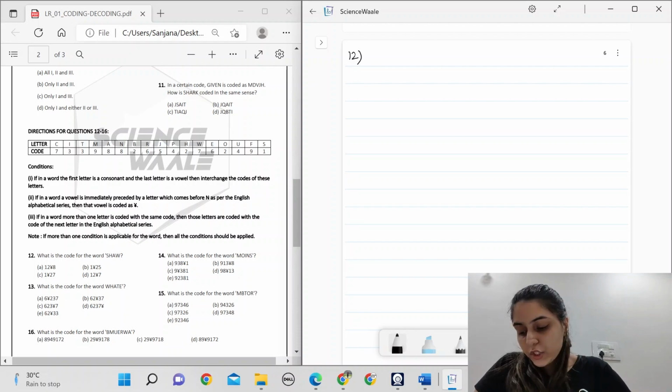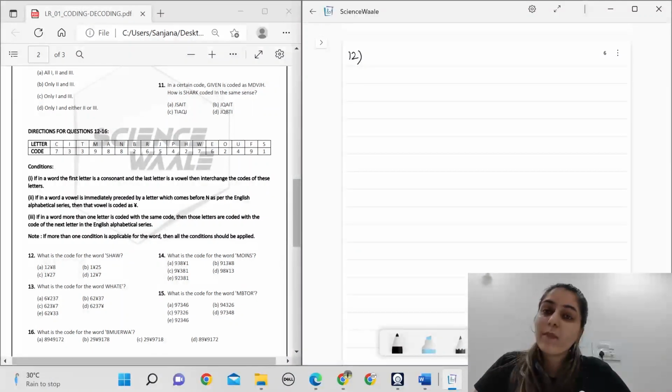Coming to the third condition, if in a word more than one letter is coded with the same code, then those letters are coded with the code of the next letter in the alphabetical series.